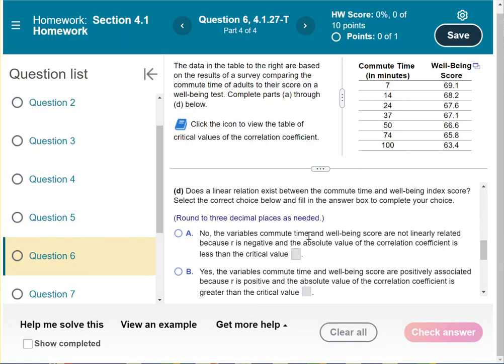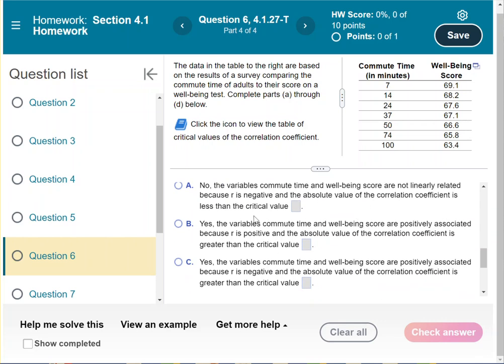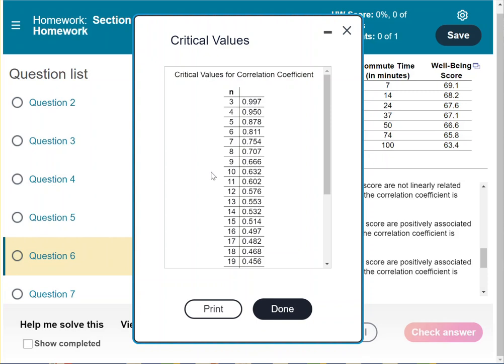Does a linear relation exist between the commute time and well-being index score? Well, we think it's yes. What we should do first is look at our critical value. There's 1, 2, 3, 4, 5, 6, 7 data points here, so we go to 7. Our critical value is 0.754.